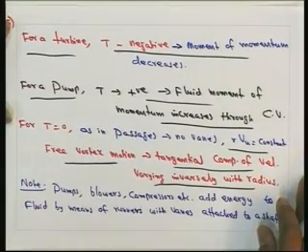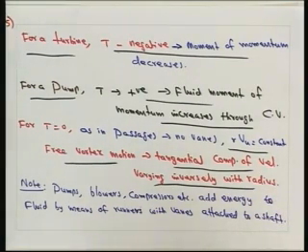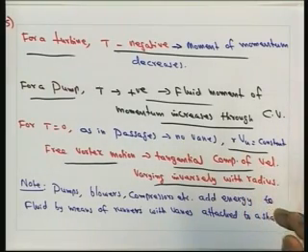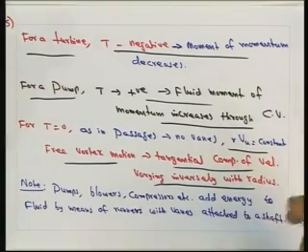Now from the discussion we can see that pumps, blowers, compressors etc. add energy to the fluid by means of runners with vanes attached to a shaft, but a turbine extracts energy from the moving fluid.